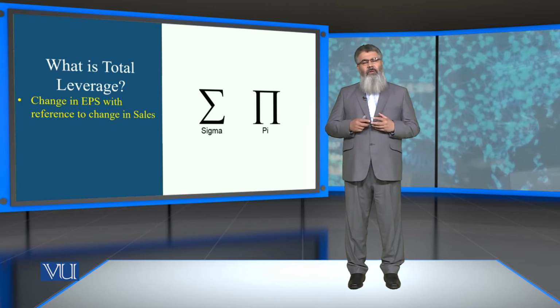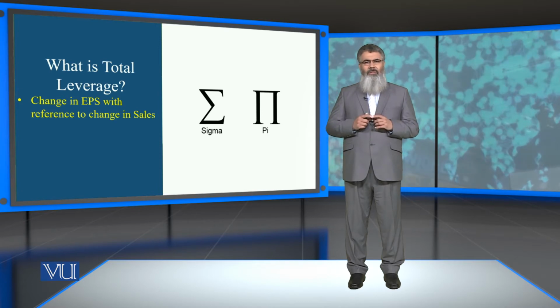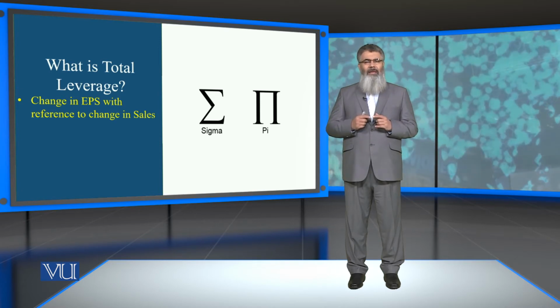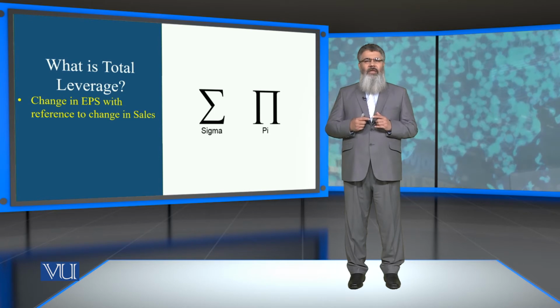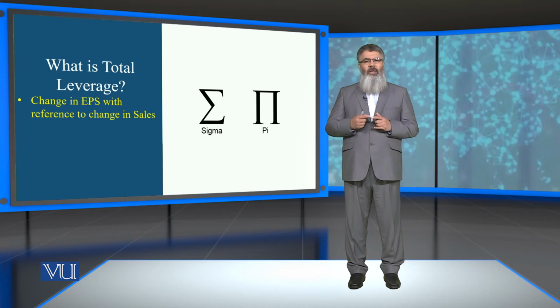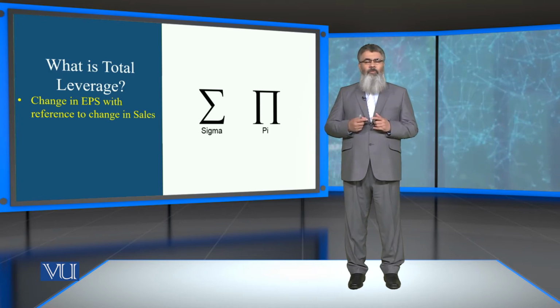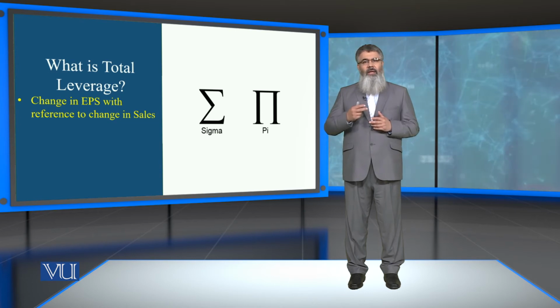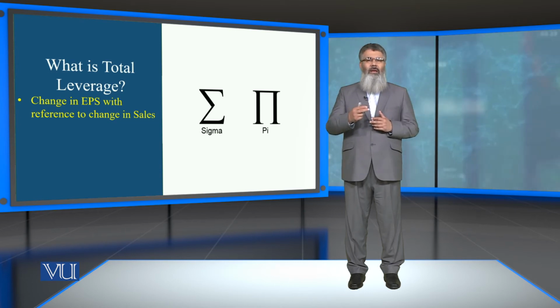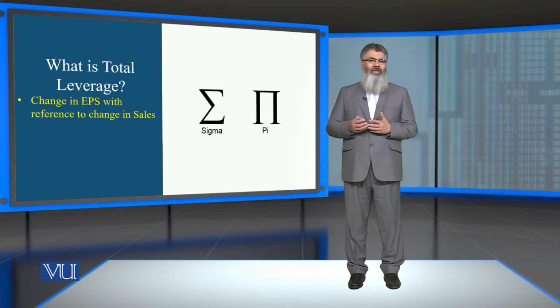Now, if we remember, the operating leverage was actually the link between sales and EBIT. So it was the percentage change in EBIT with a given percentage change in sales. And financial leverage related EBIT with earning per share, that is, percentage change in EPS with percentage change in EBIT.